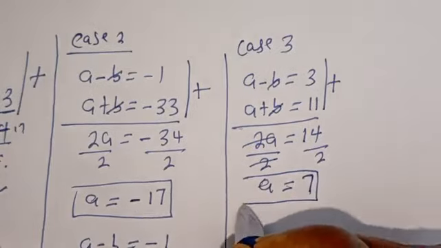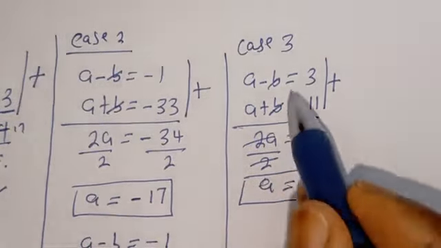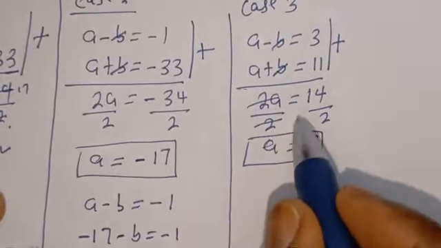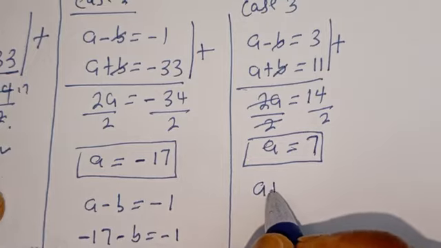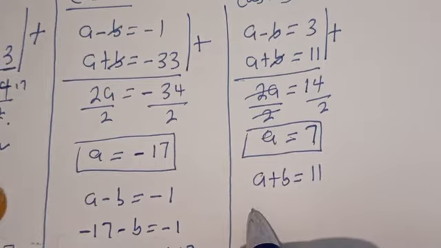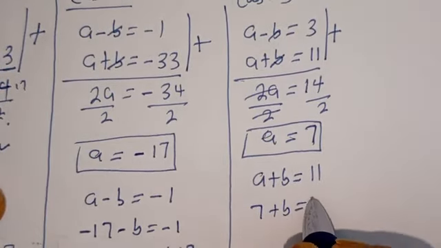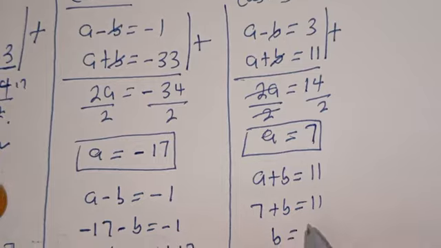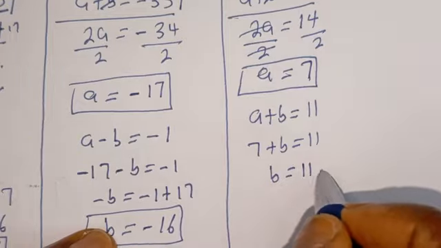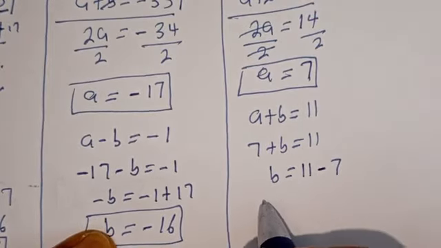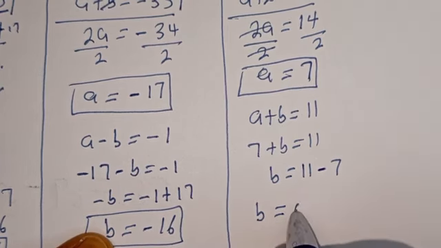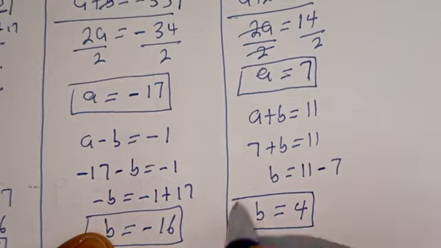Then we've gotten the value of a. Let's substitute for a to get the value of b. Let me make use of equation 2 here. a plus b is equal to 11. When a is 7, we have 7 plus b is equal to 11. b will be equal to 11 minus 7, then b is equal to 4, and this is the value of b.